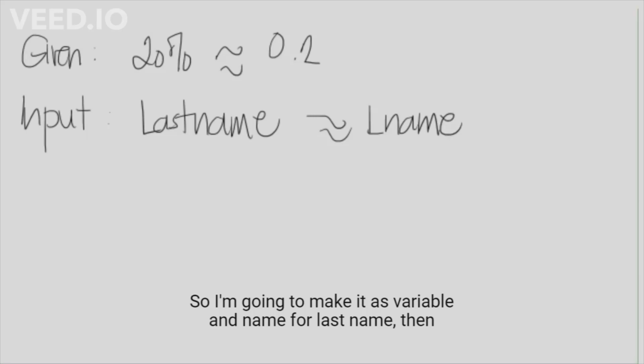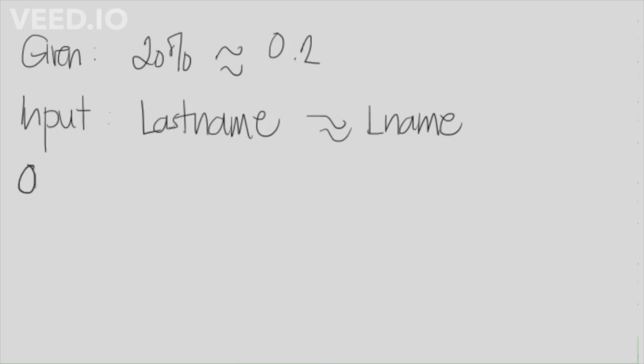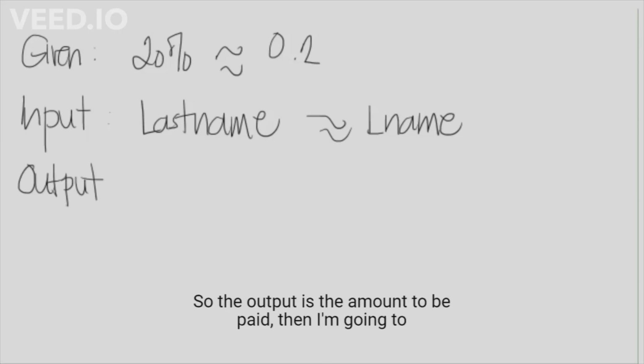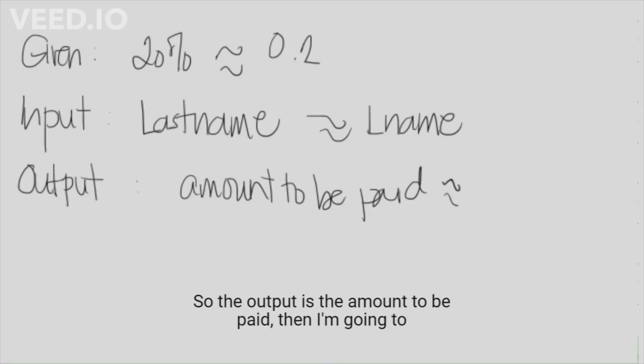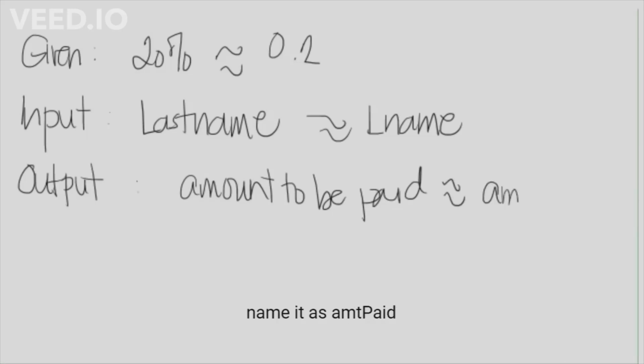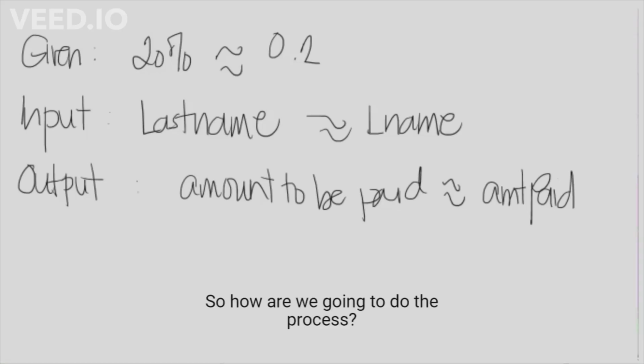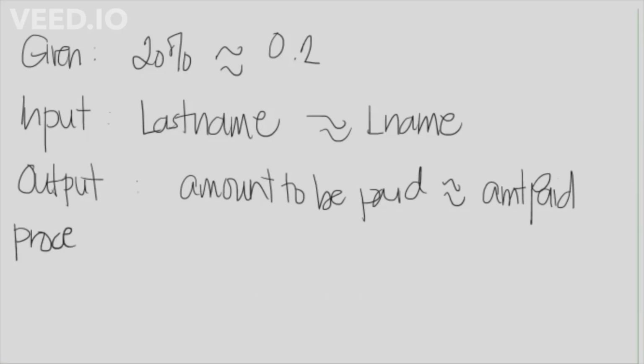Okay, then what should be the output? Okay, so the output is the amount to be paid. Then I'm going to name it as AMT paid. Okay, so now how are we going to do the process?